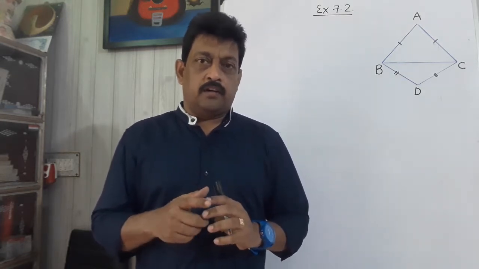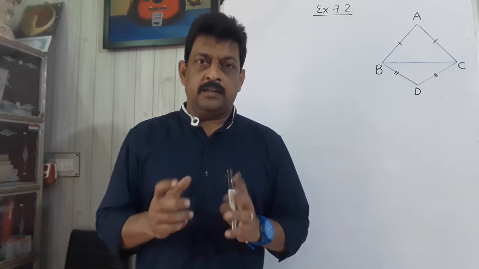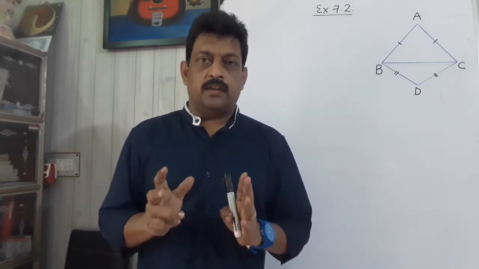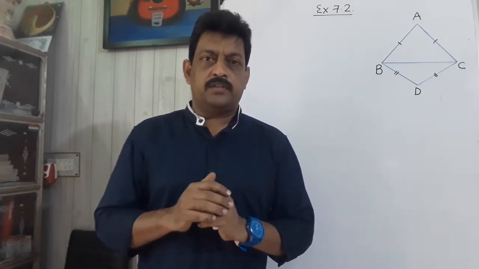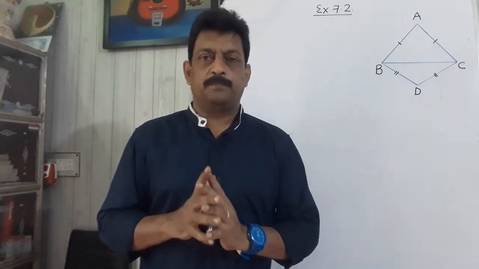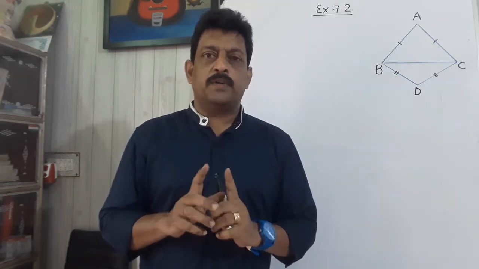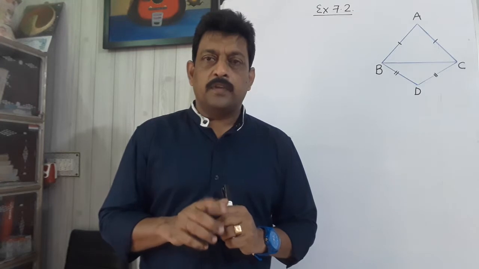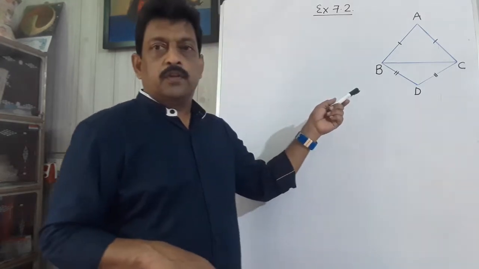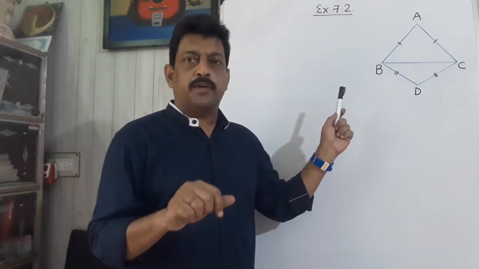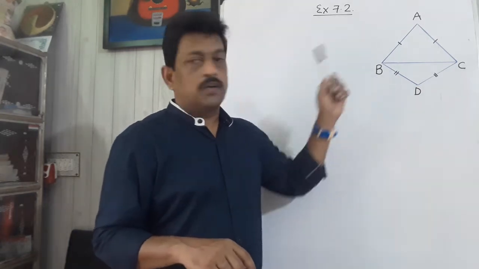Similarly, or conversely, in a triangle, if two angles are equal, then their opposite sides are also equal. We have used this property to solve a problem. There is another problem where we are going to use the same property of isosceles triangle to solve it.